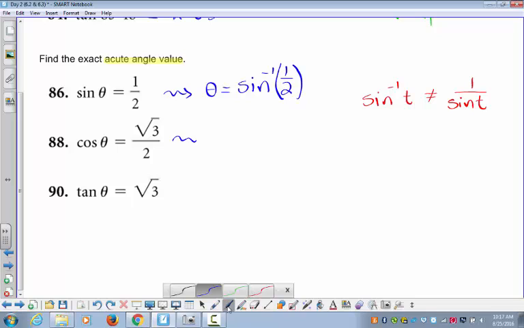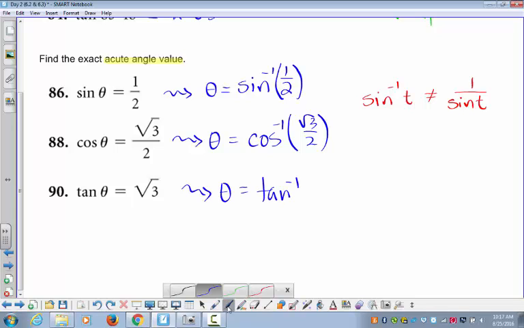So for each of these three, I can solve for the angle by doing this. Again, the one constraint is that you have to be dealing with acute angles. Theta has to be acute. That has to be true.